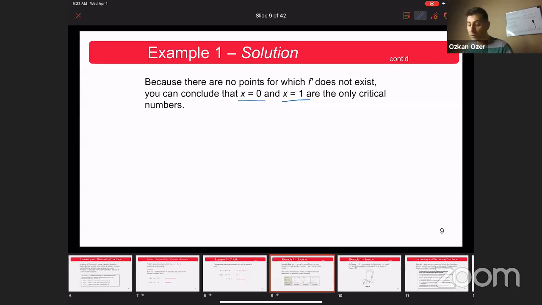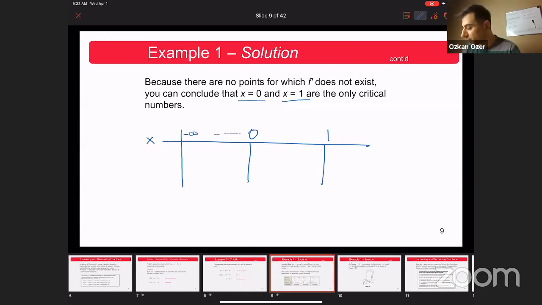So we do have two critical numbers. I'm going to have my sign chart like this. And you can do the same thing by yourself. Here is the x-axis. I'm going to put the critical numbers right here. When you go in this direction, you go to minus infinity. When you go in this direction, you go to plus infinity. So you can also put the plus and minus infinity.